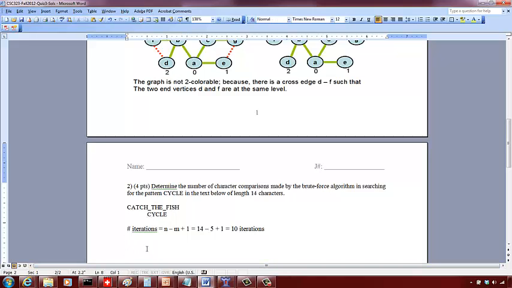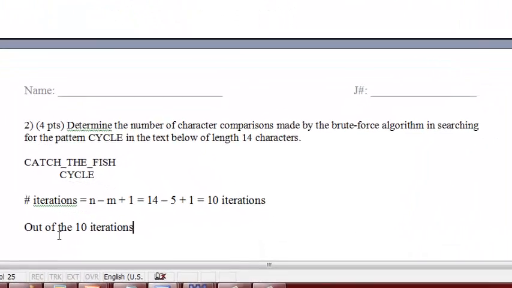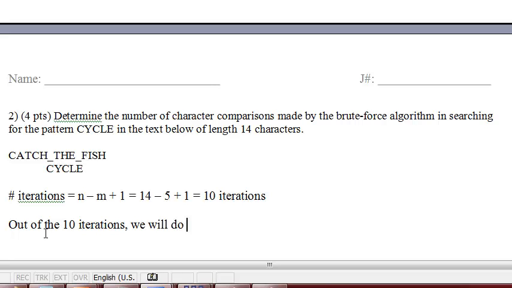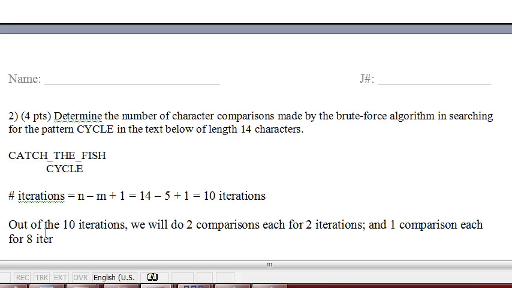So out of the 10 iterations, we will do two comparisons each for two iterations, and one comparison each for 8 iterations.